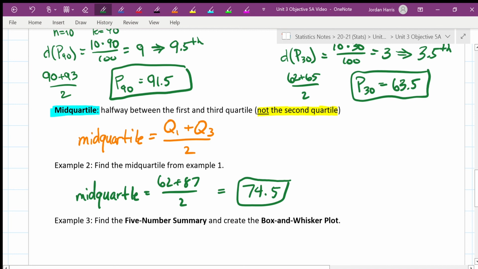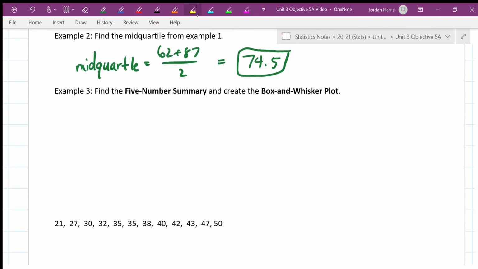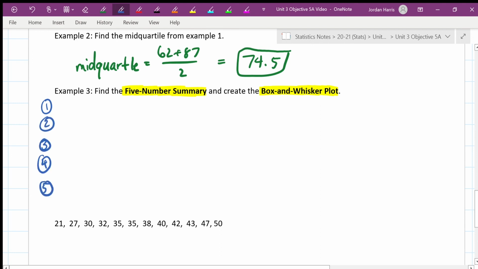Two separate things. Okay? Next, or I guess really last, we're going to talk about the 5-number summary and the box and whisker plot. Okay? So the 5-number summary, we have obviously 5 numbers. So I'll tell you what numbers you're going to use for your 5-number summary.